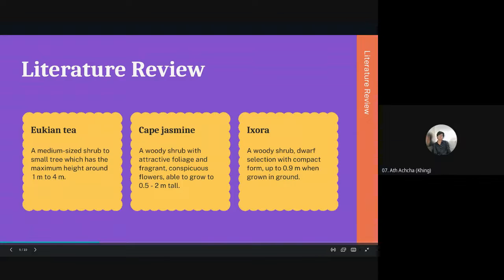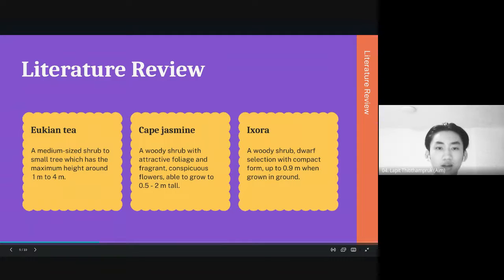So next is about the literature review. In the literature review, we are talking about the shrubs that we use in this experiment. The first one is the Eugenia, a medium to small size shrub, which has a maximum height around 1 meter to 4 meters. The second shrub we use is Cape Jasmine.